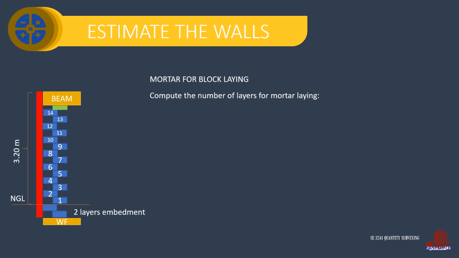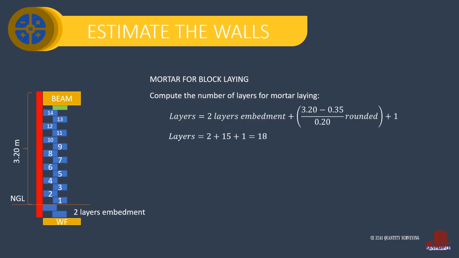So to know the number of layers for block laying, from the top of the wall footing, we account 2 layers. Then from NGL to the top of block 14 is 15 layers. Then there is another layer to stick the CHB at the bottom of the beam, summing up the number of layers into 18.